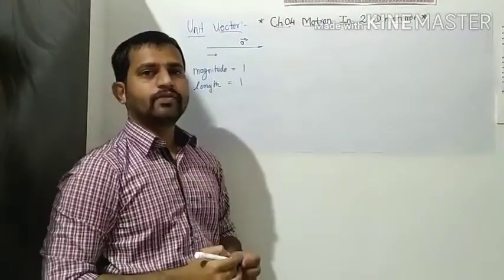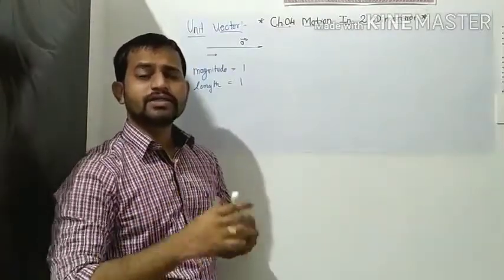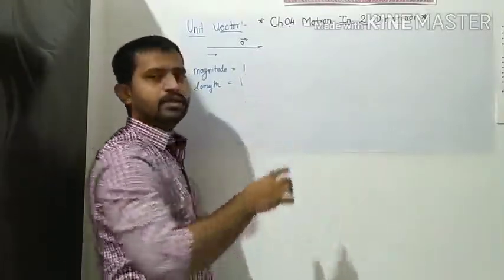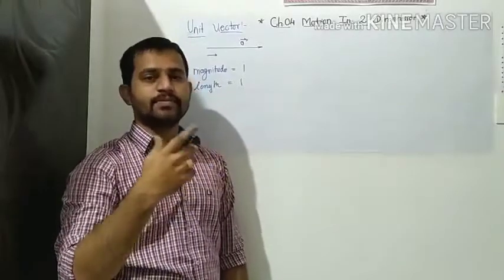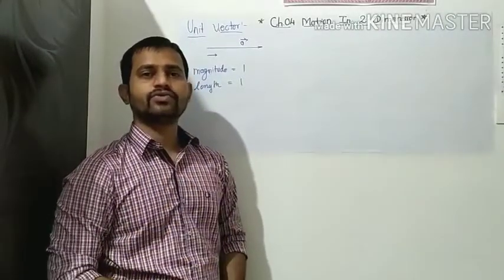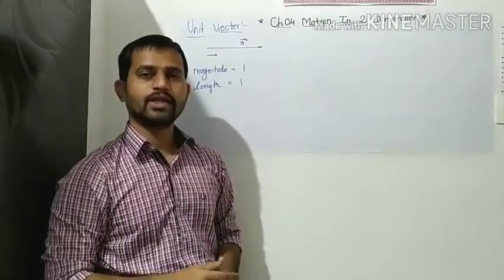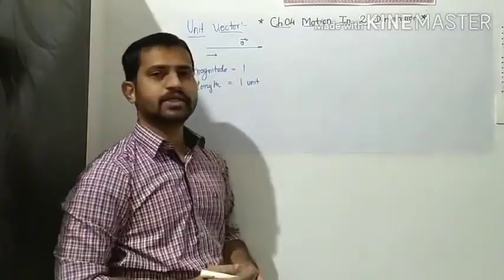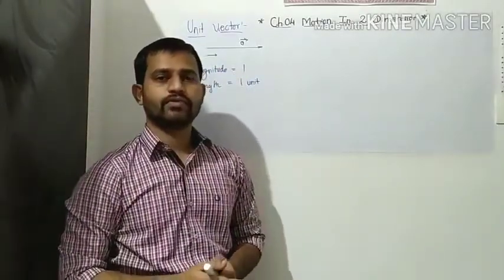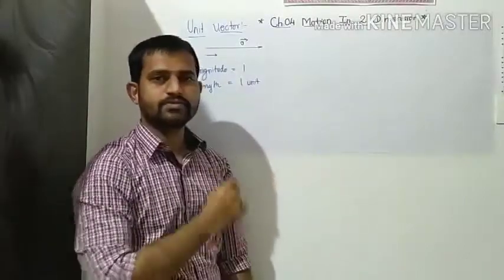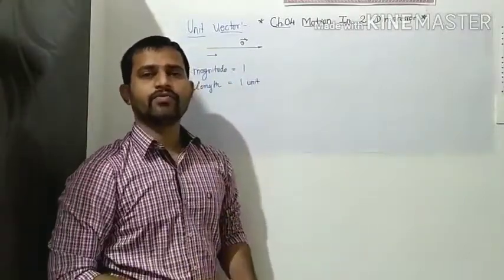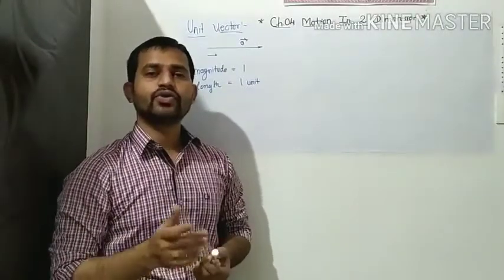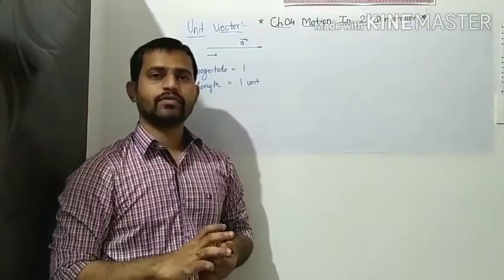Means if we draw one vector in the same direction as the vector A, and it has the length equal to 1 unit, then this vector represents the unit vector for this vector A. This small vector having the magnitude of 1 unit and direction the same as the vector A will represent the unit vector of that vector A.